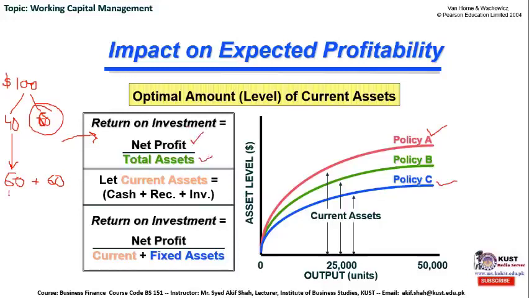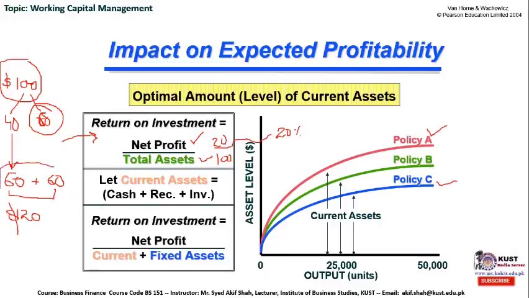Here we can see that by the policy change we have $120 in the total assets of the firm, and in the previous case we had only $100. If we divide the net profit by total assets, and we assume that the net profit was 20 and the total assets in the first case were $100, then the return on investment is 20% for the company.